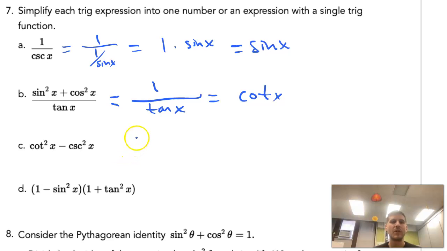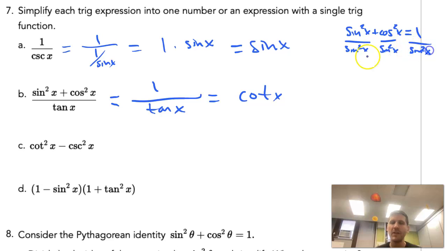This next one's a bit trickier for me, but if I remember correctly, I can take my sine squared x plus cos squared x equals 1, and if I divided everything by sine squared x, I got this other identity which involves 2 of these.